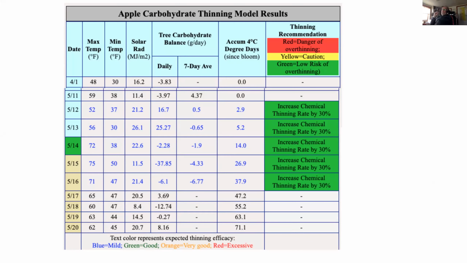After you click the calculate button, you'll get this kind of output. And you can see that it gives you a column now with accumulated degree days, base 39 degrees. Since bloom, it actually starts them at green tip, but that's irrelevant. I cut this off here just to show you the current state we're in. So from bloom, which is 512, it starts accumulating those degree days, and it's showing me, this is actually projected based on the forecast, we'll be at 71 of those degree days on May 20th.